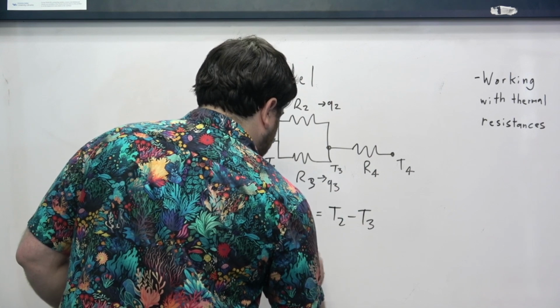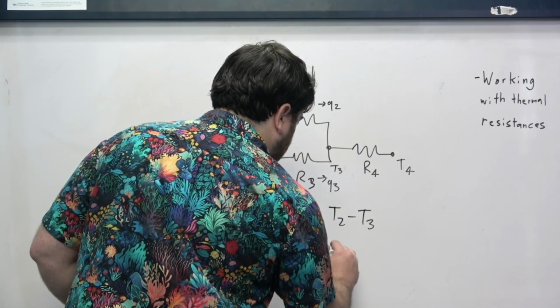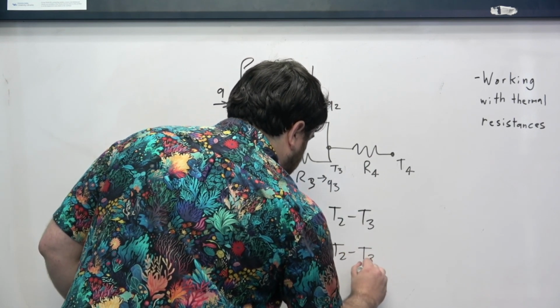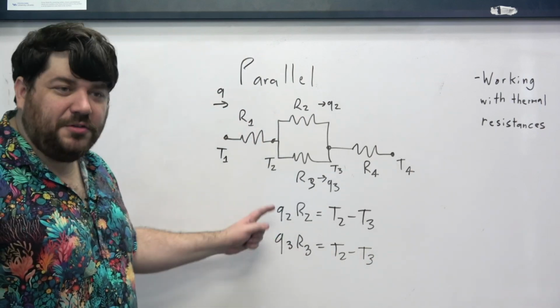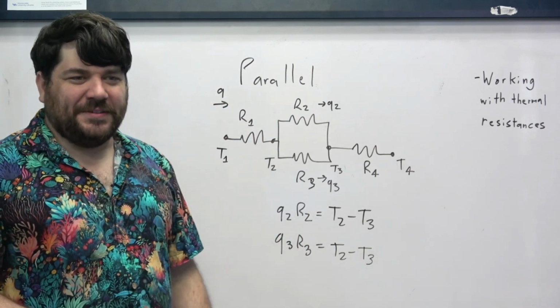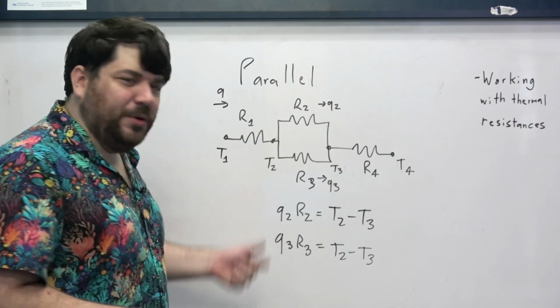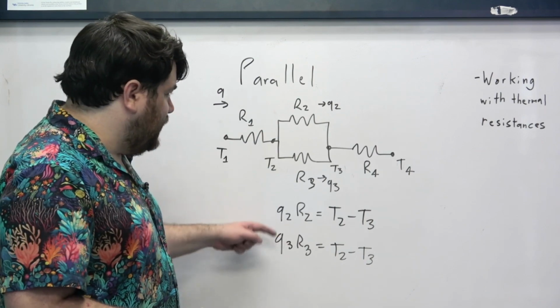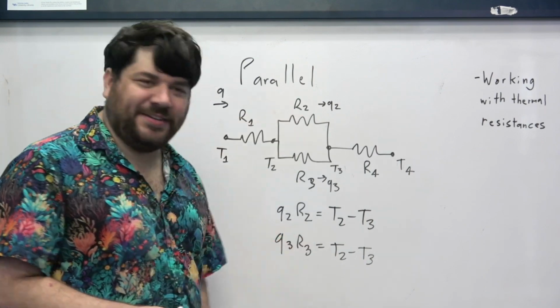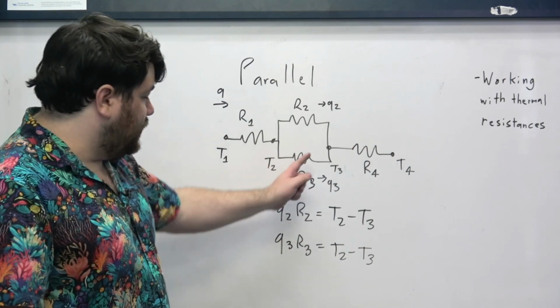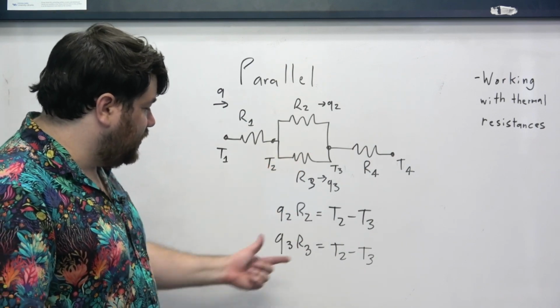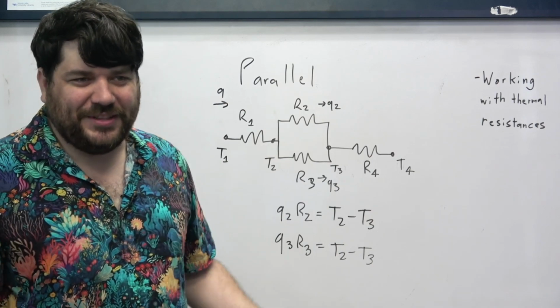And this is also T2 minus T3, except that now we're using different Q's. And so we can always ask ourselves, well, what is the Q that is happening through each branch? Well, we can find it. Assuming that we know the temperature differences, assuming that we know the resistances, we can immediately find what that is.